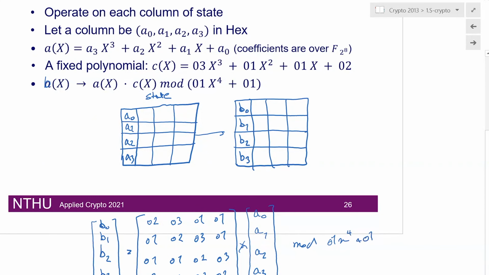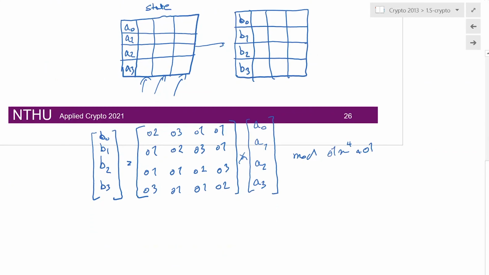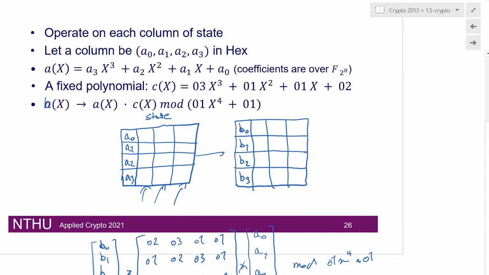After we do this multiplication, we are able to get this b, and then we apply this multiplication to every column that we have over here, and compute the corresponding b's on the other side. So that is given. This is just the computation that we have to do for the mix column.